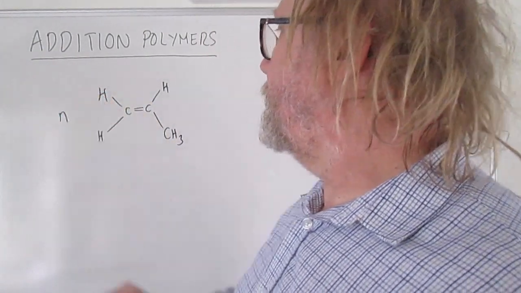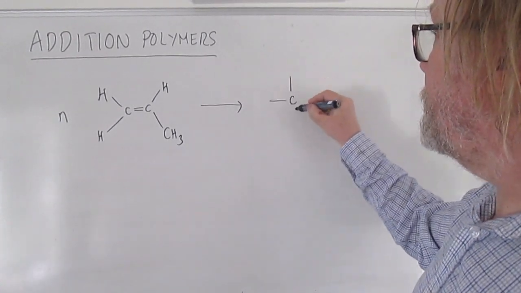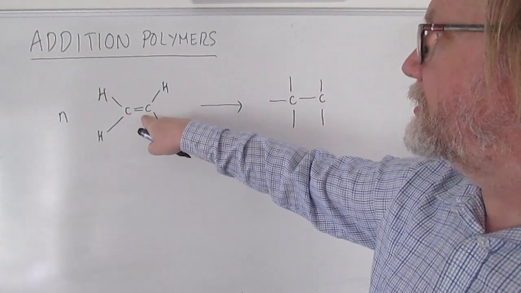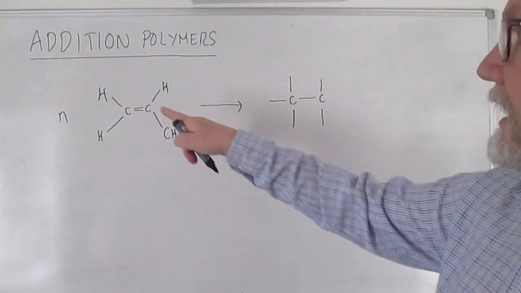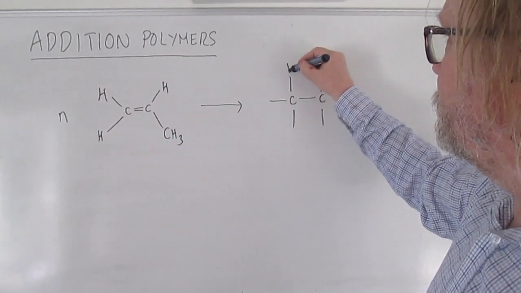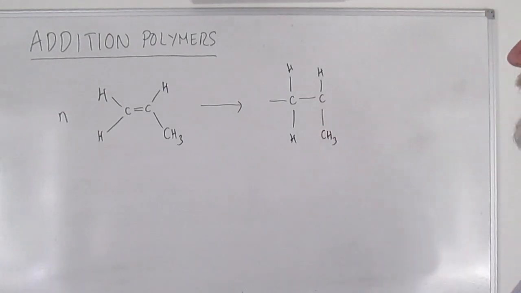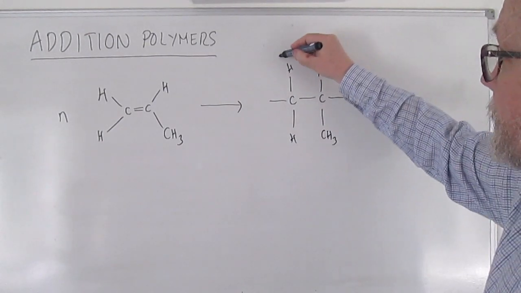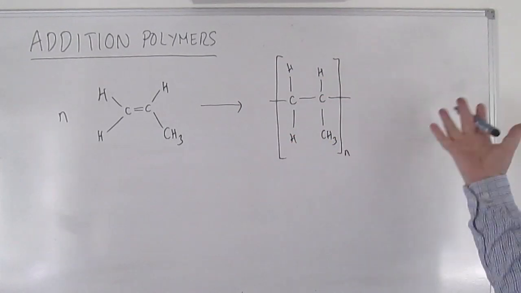So we can have n of those joining together, and the repeat unit is always easy to draw because you just think, right, these 2 carbons, the ones that were double bonded originally, they go across the middle and they will join together to make the long carbon chain, and then the 4 things hanging off it are still hanging off it in the repeat unit. So you just put the same 4 things on like that, and that's your repeat unit dealt with. And on it goes, so that will be repeated n times to give you the polymer.